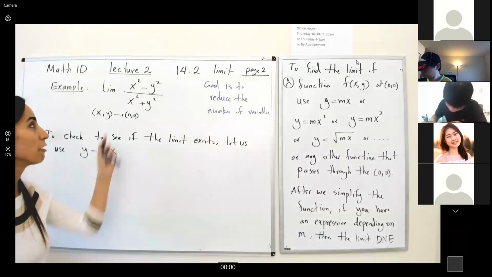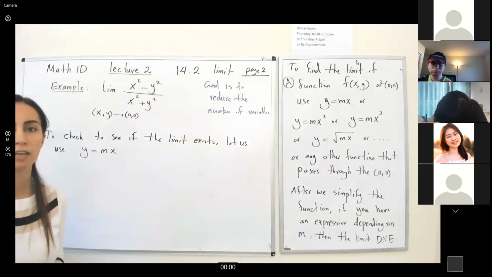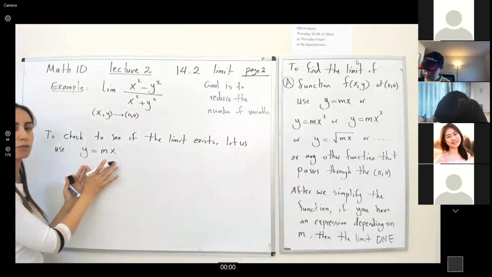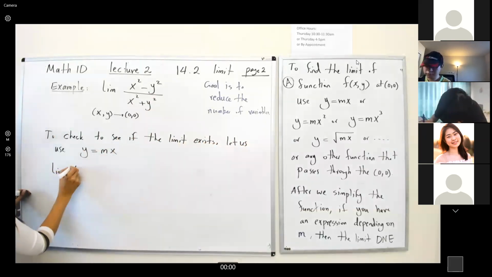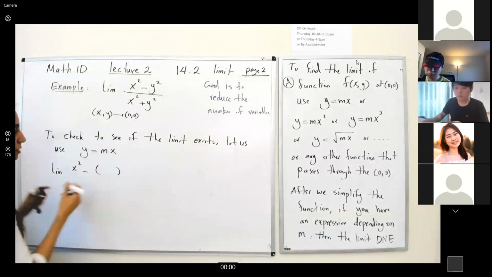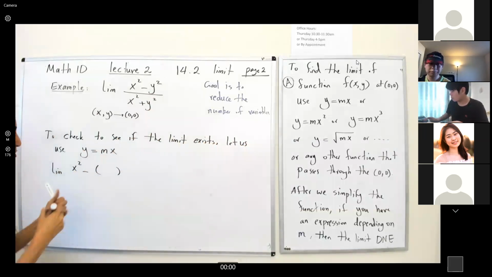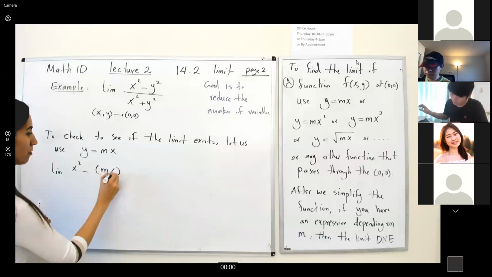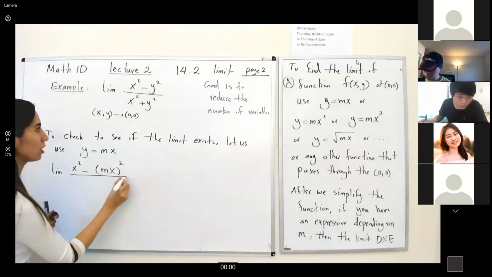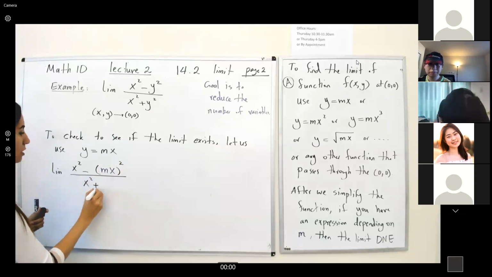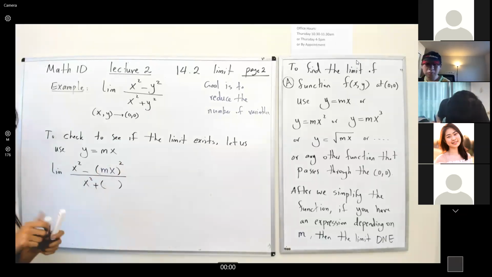It means that wherever I see y, I substitute that with mx. So I have the limit of x squared minus, now I have mx squared, divided by x squared plus parentheses mx squared.